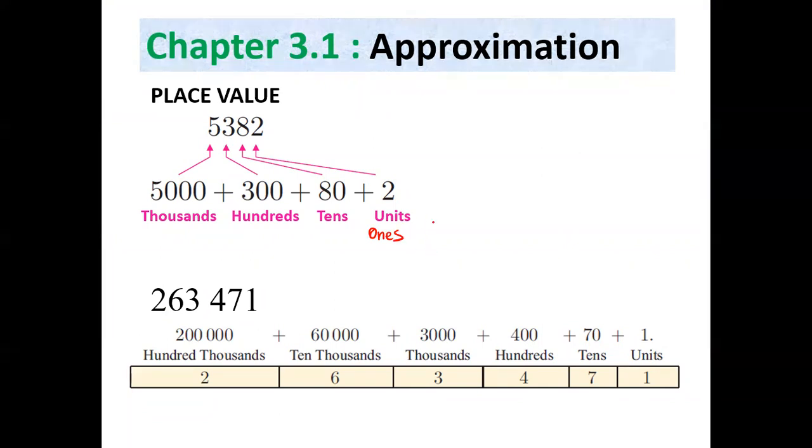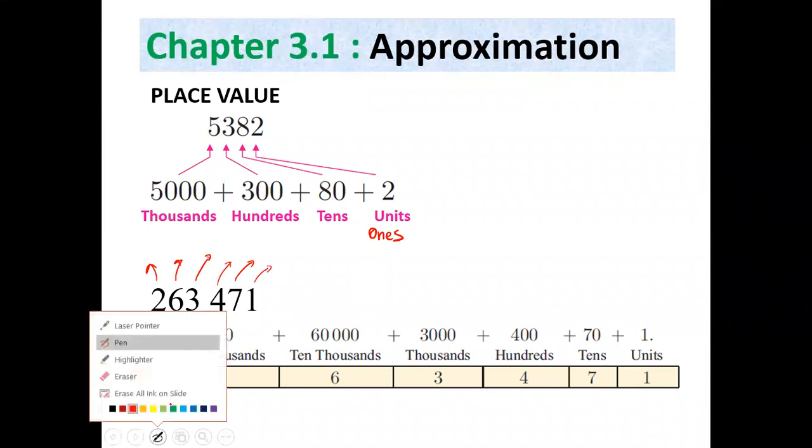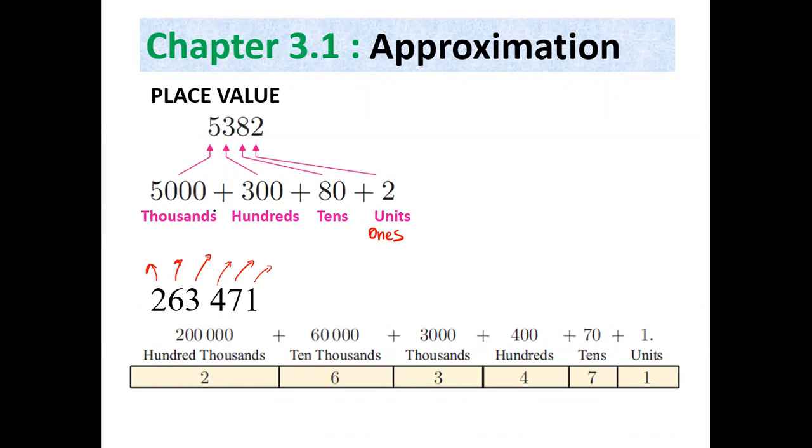The units place value. If you increase the number, it is 100,000s, 10,000s, 3,000, 400, 7 tens, 1 unit. I think you better use units rather than ones to make it simple and not ambiguous between 1 and ones. Make sure that we write the S on the last word.